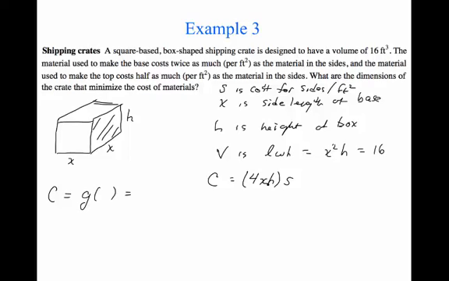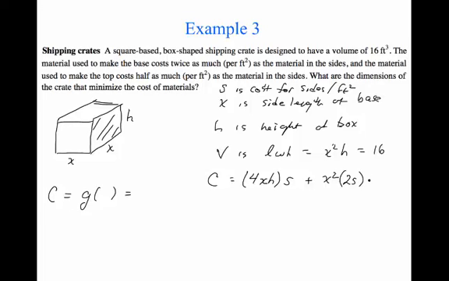How much will the base cost? The area times the cost of the base, which is how related to S? 2S, twice as much. So area times cost per unit area will give you total cost. Here's the area of the sides times the cost of the sides per unit. Here's the area of the base times the cost per unit of the base.